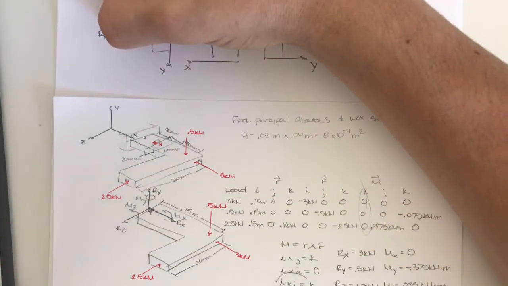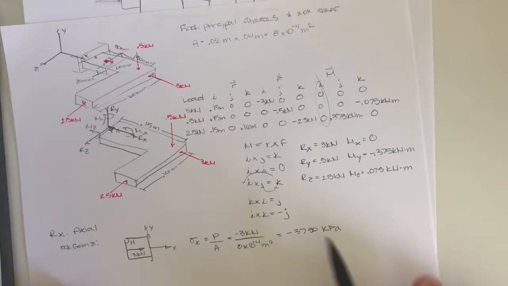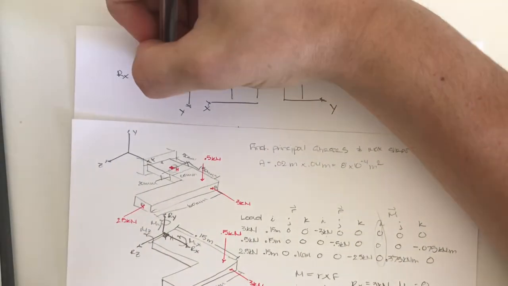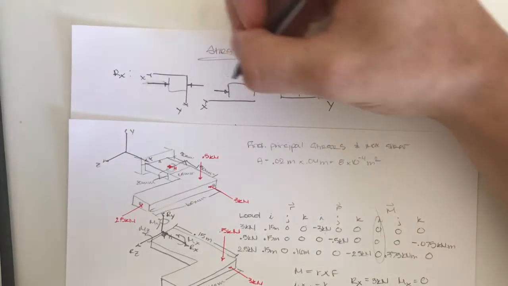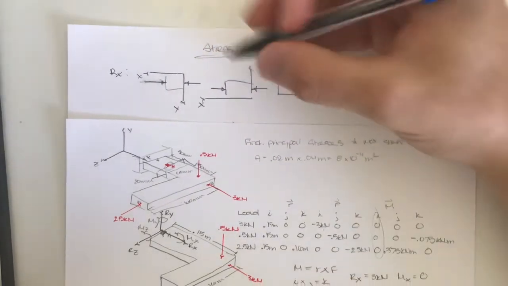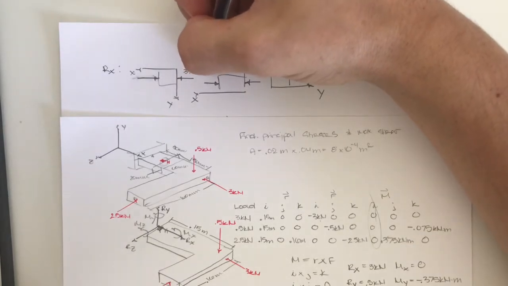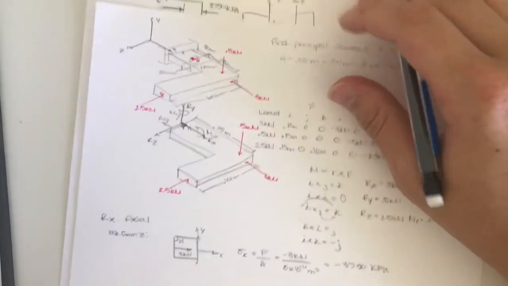Sorry, it's actually going to be a compressive force because it is a negative right here. So these arrows are going to be pointing inward in the negative X direction. So that is a 3,750 kilopascal load for Rx.